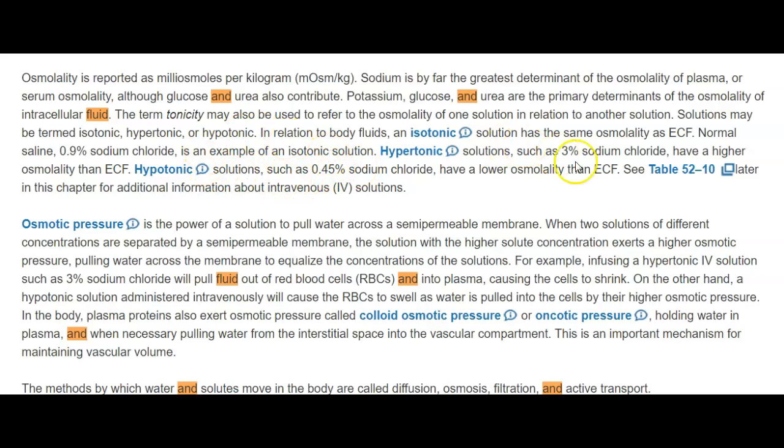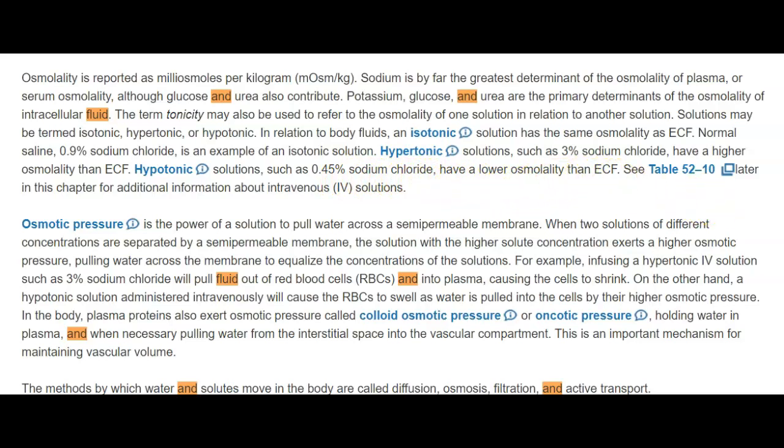Well, it's your normal saline. Hypertonic solutions such as 3% sodium chloride have a higher osmolality. Hypotonic solutions such as half normal saline, or 0.45% sodium chloride, have a lower osmolality.